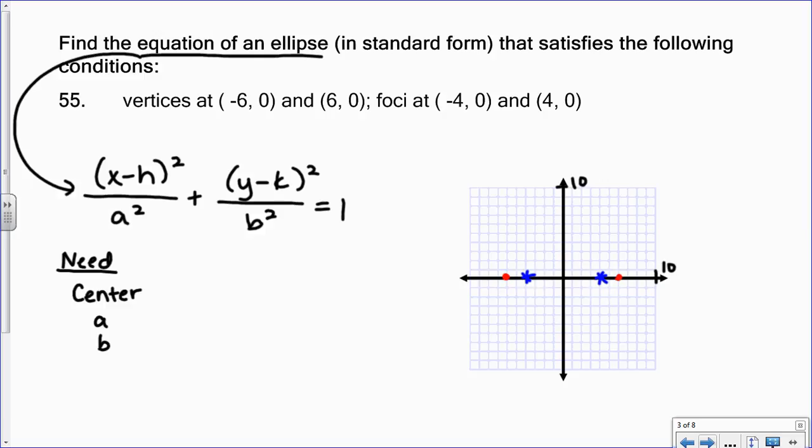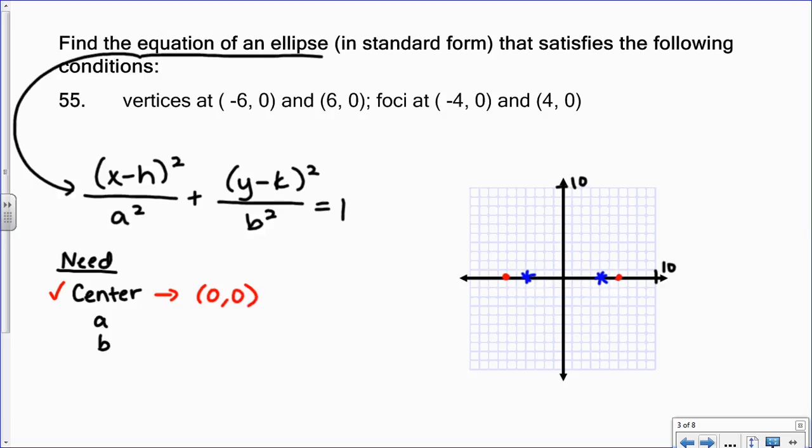Okay, so do I know what the center is? Yeah, the center has to be 0, 0 because it's equidistant from the vertices, from the foci, from the endpoints of the minor axis. So halfway between those would be 0, 0. So I have the center, which is 0, 0.